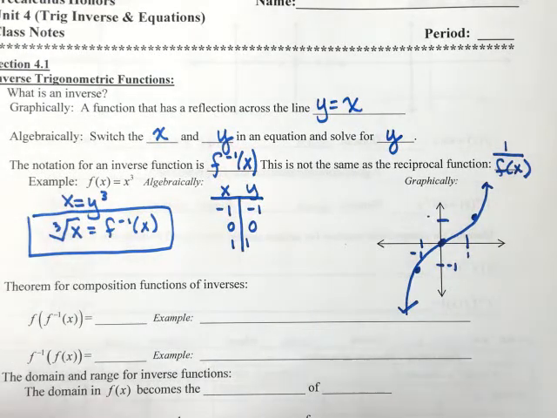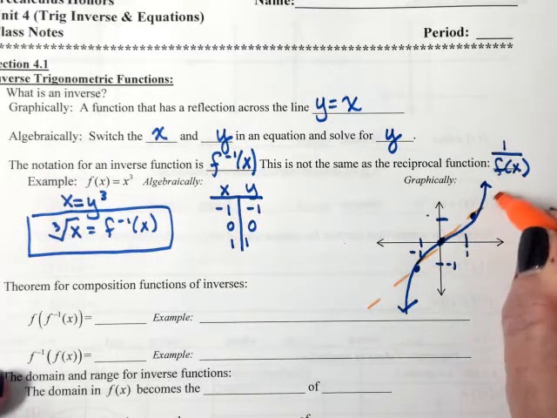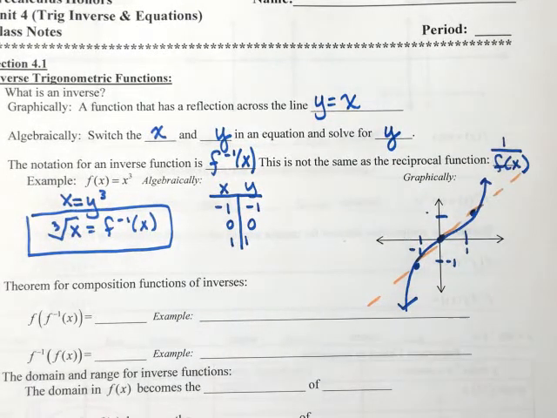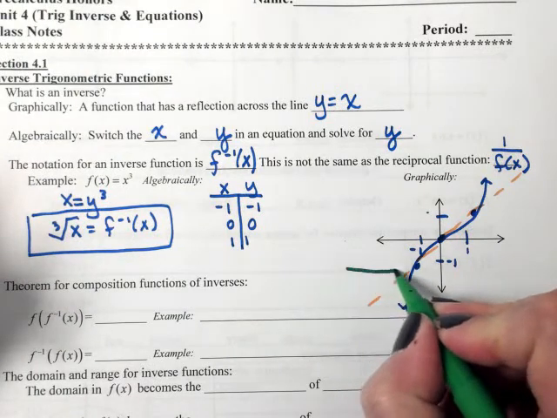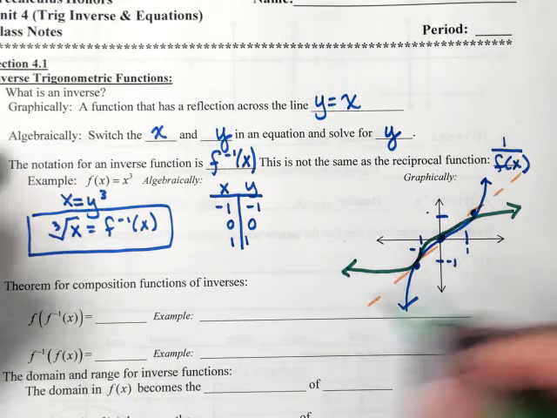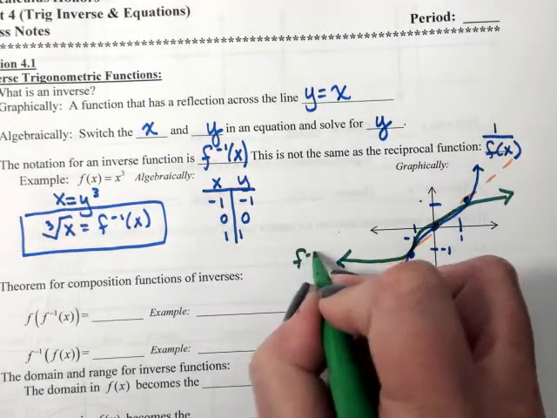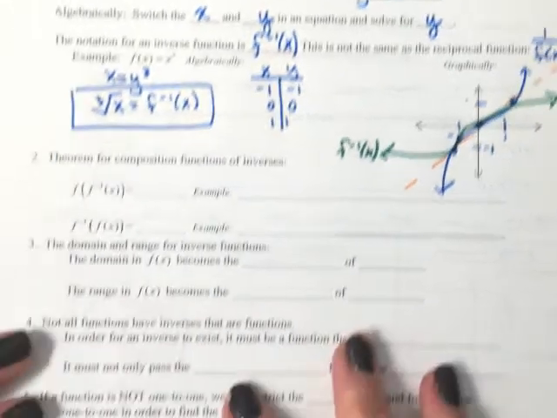Then when I go to sketch the cube root of x, I know that they have to be reflections over the line y equals x. So when I graph my cube root of x function, it's going to look something like this. I messed up, I should have swirled that a little bit more. But here's my inverse function. Remember, they are reflections over that line y equals x.